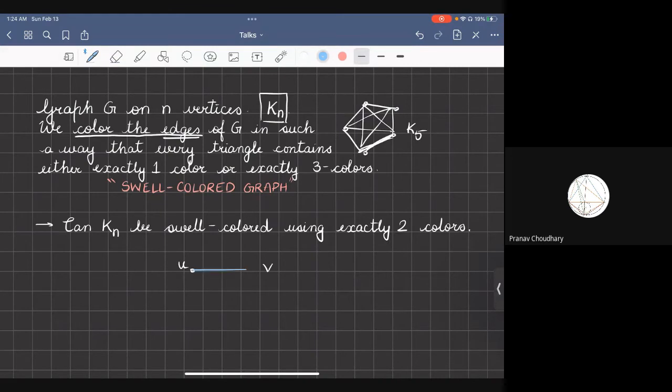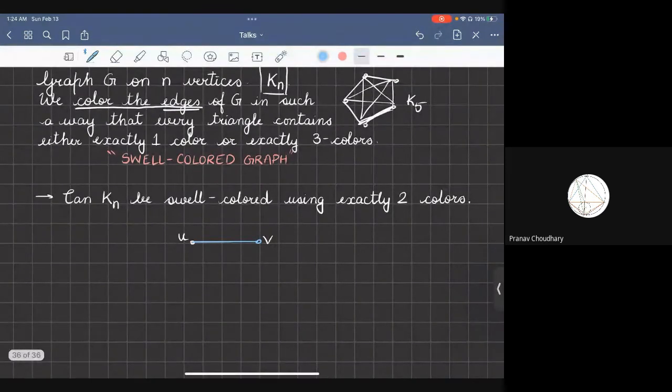Now if you take any other vertex, all the edges should be blue. VW and UW should be blue. And now if you consider any other vertex, let's say X, then VWX should also be a blue triangle.